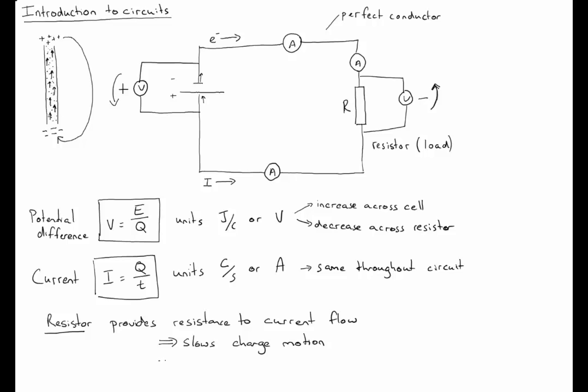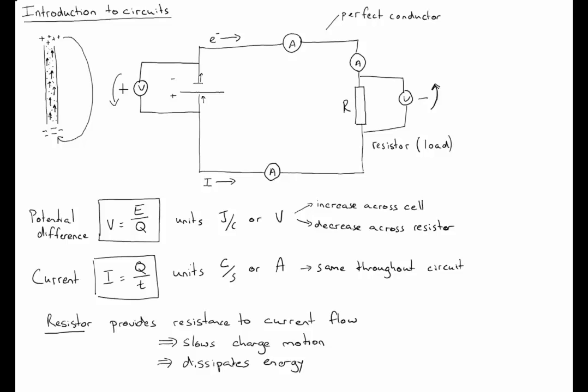And if there are more collisions, it means that more energy is being dissipated. So a resistor dissipates the energy that the charges have. They start off with a potential energy, and then they convert that within the resistor to another form of energy, usually heat when we're talking about just a normal resistor.